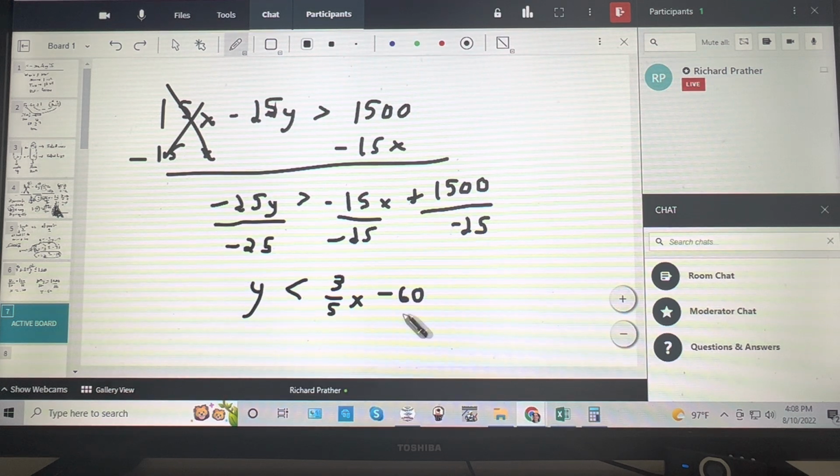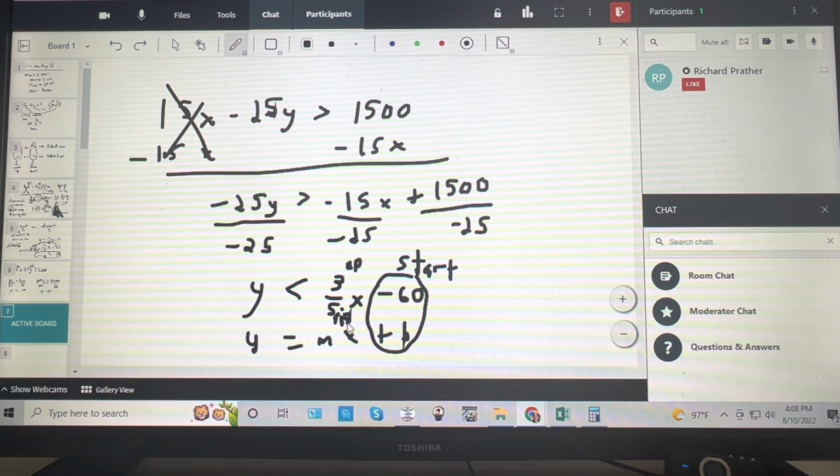So you would start at negative 60. Negative 60 on the y-axis, this is where you start your graph if you're doing this method. Start at negative 60 and go up 3 and 5 to the right as many times as needed. And that might actually be hard to do here because the graph is in such large numbers. But then the x-intercept could help. Remember when I found the x-intercept?